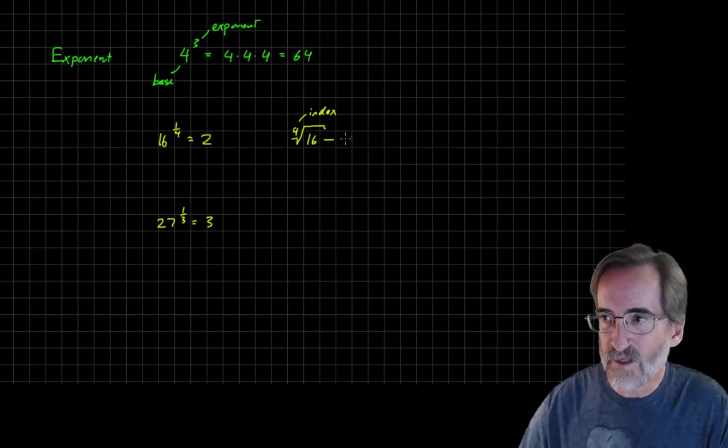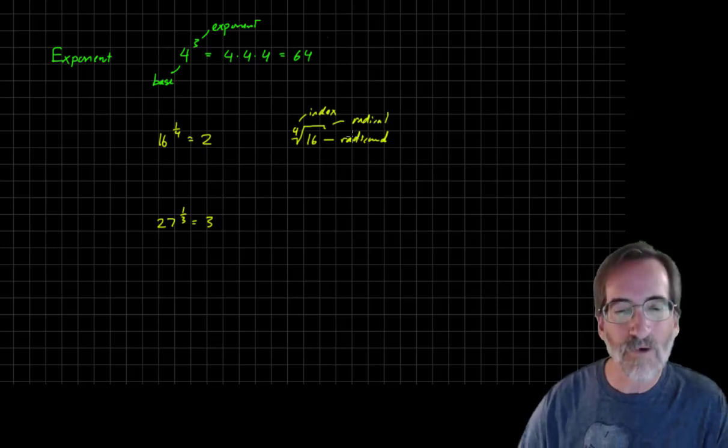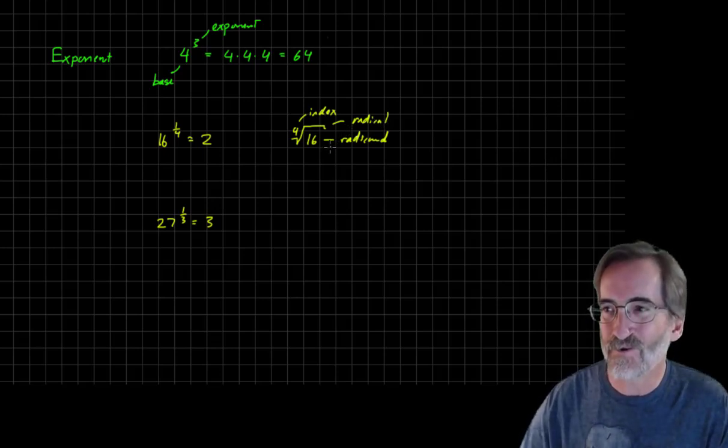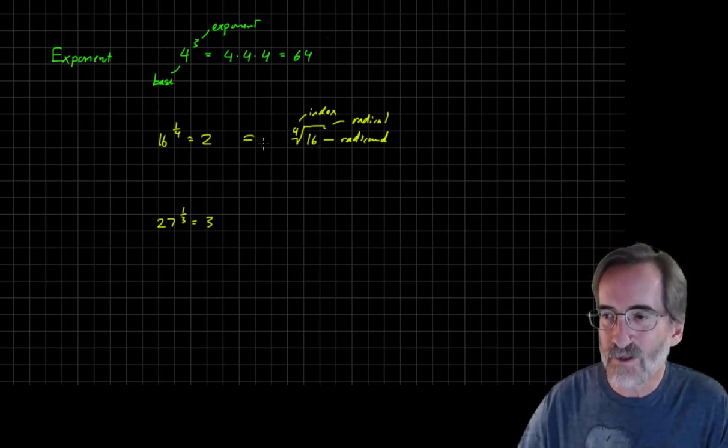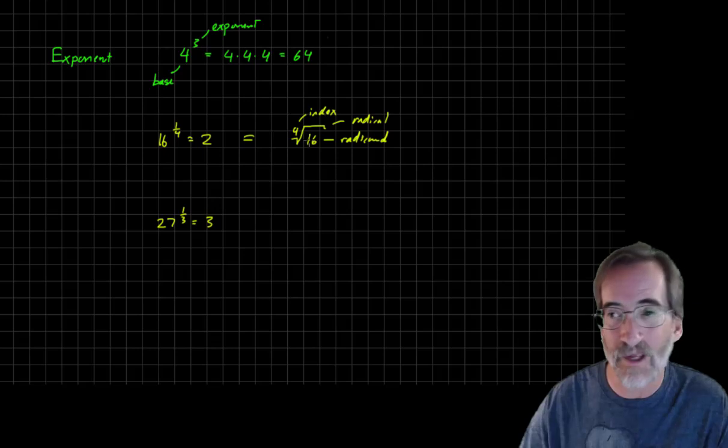The 16 is called the radicand. And the symbol is called the radical. Popular in the 80s, right? Radical, dude, totally. And it means the same thing as 16 to the 1/4. It simply says the fourth root of 16 is the number that multiplied by itself 4 times makes 16.